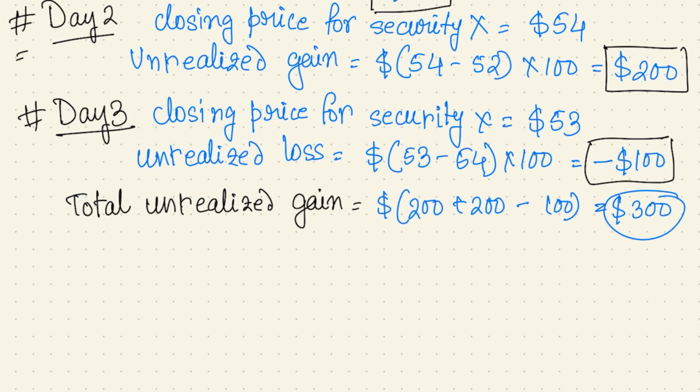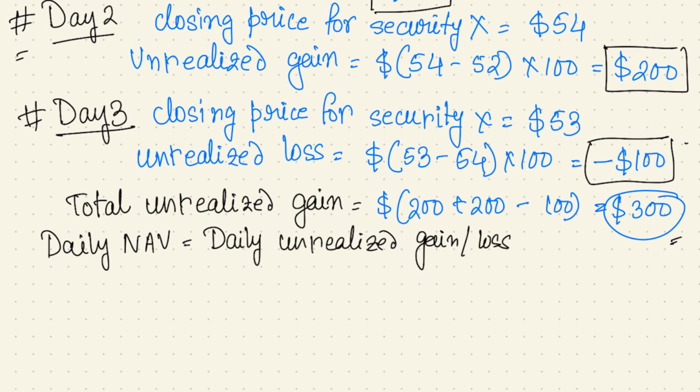But understand one thing: how am I going to show it in the NAV impact? Am I going to show the total or am I going to show it individually? If you are calculating a daily NAV for a fund, then you have to take the daily unrealized gain and loss.